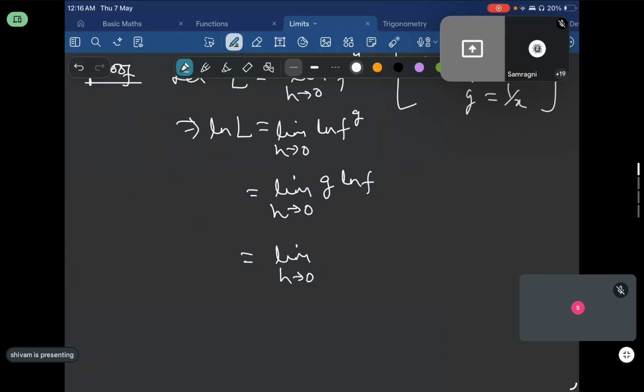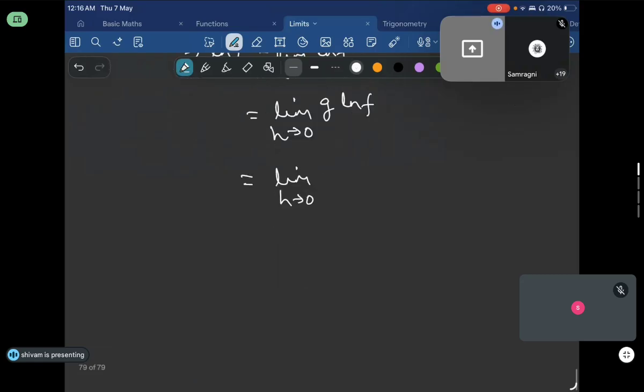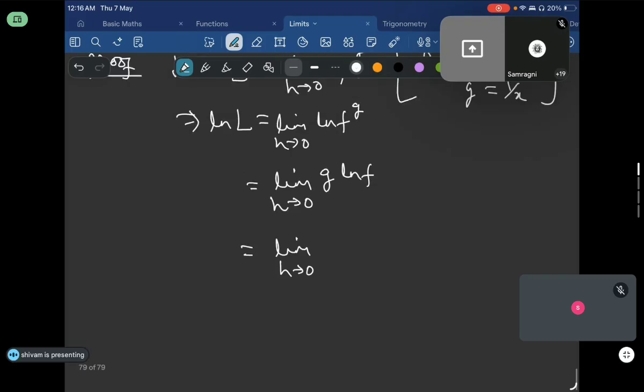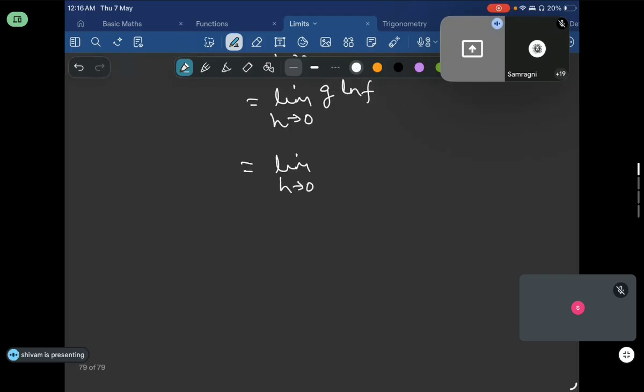Before substituting, let us find out the standard form. Can I write it as g into ln of 1 plus (f minus 1)? Can I write it like this?